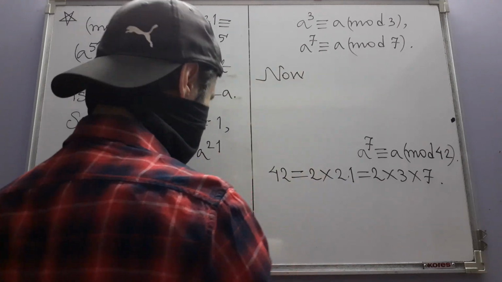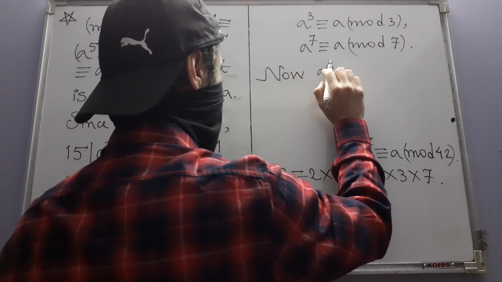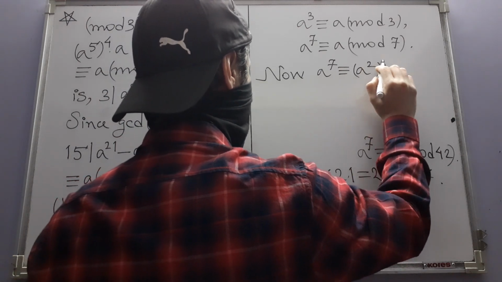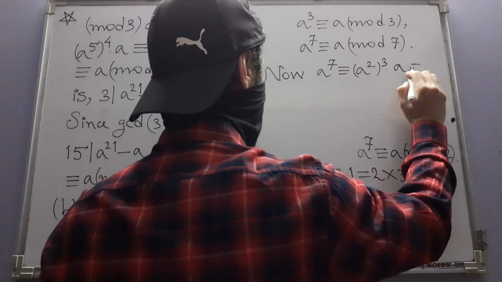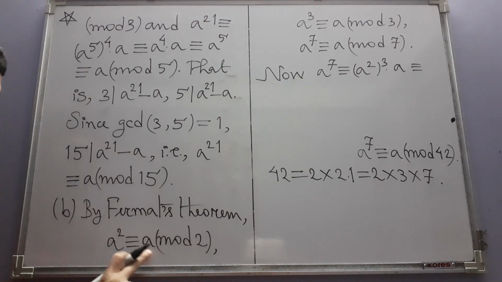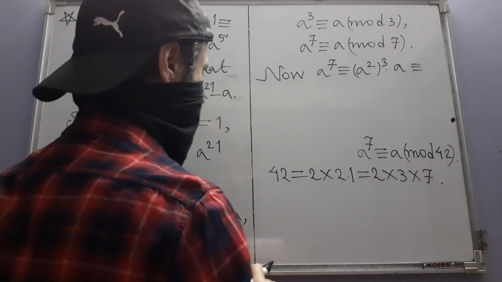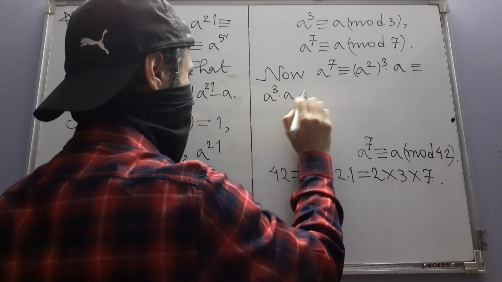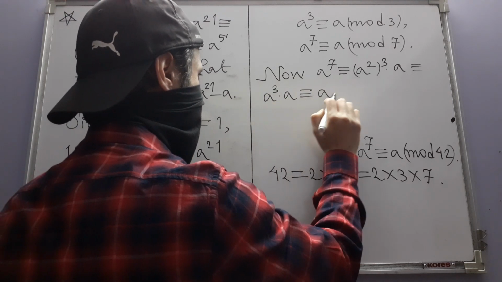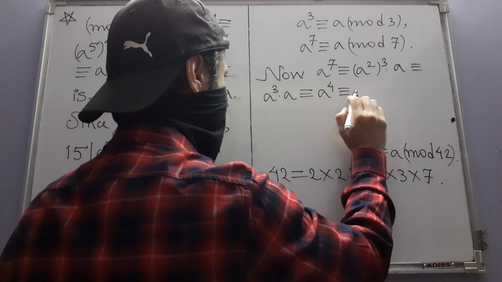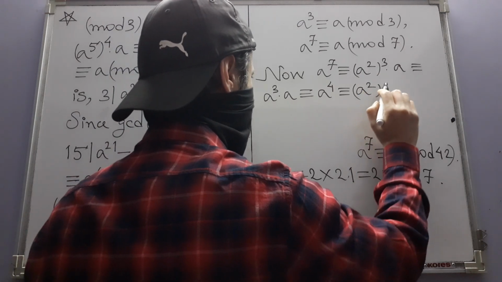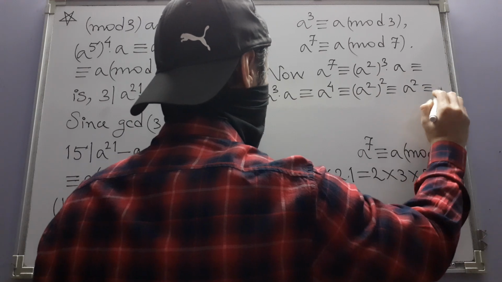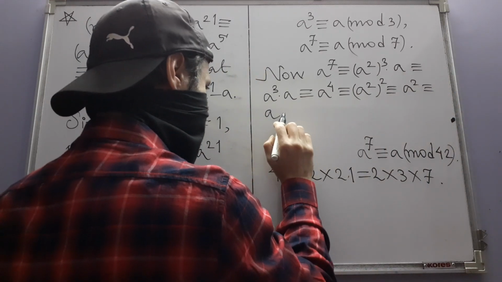So let's first consider 2. 7 can be written like this. Now a square is congruent to a modulo 2. So if the modulus is 2, a square can be replaced by a. Again a square can be replaced by a, and finally we are getting a.